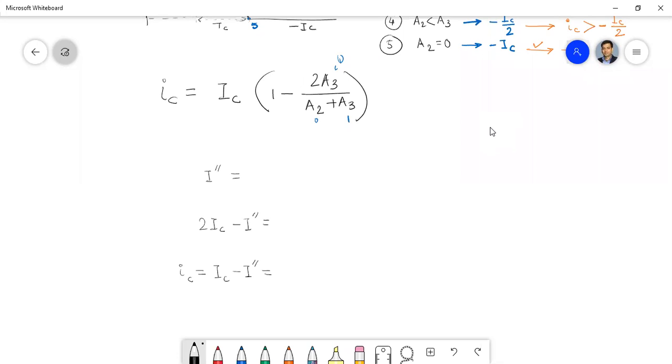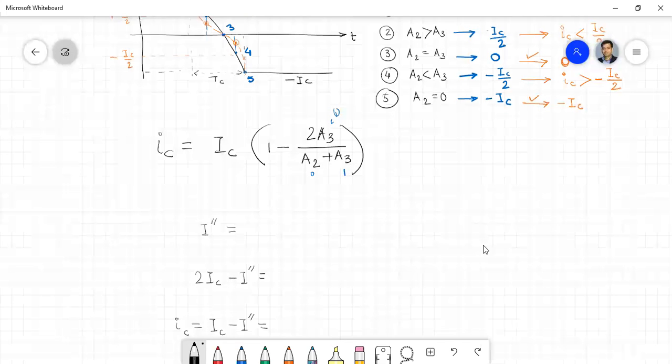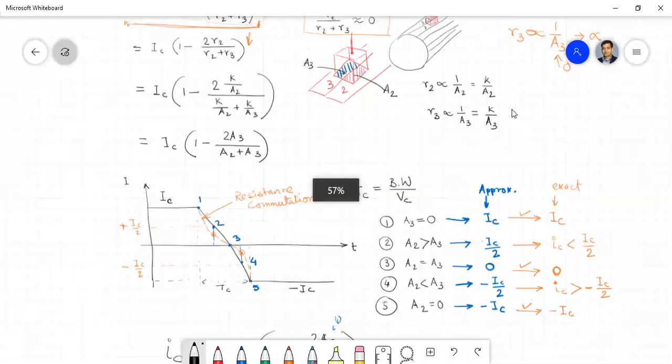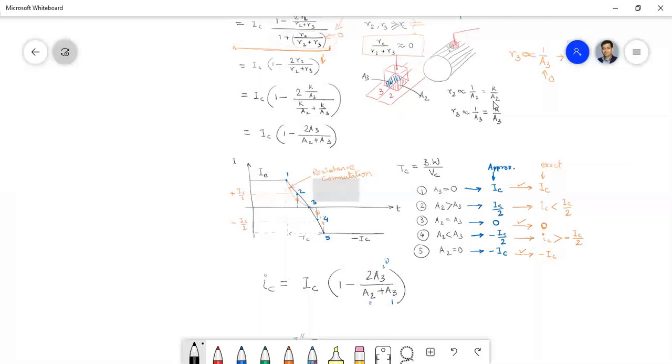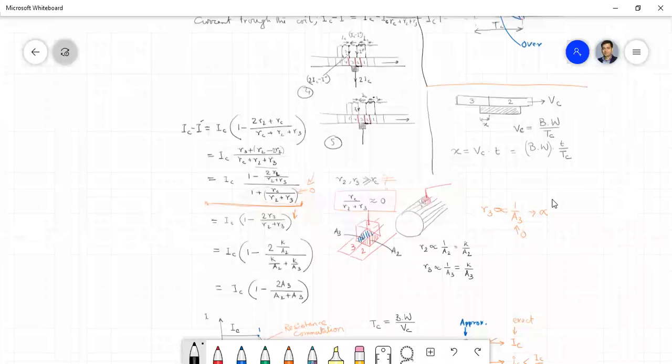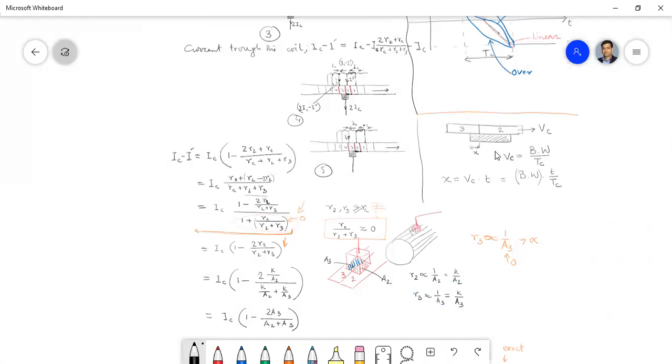What is the value of I double prime? R2 plus RC times IC divided by R2 plus R3 plus IC. What is that? No, you just see. Come to here. Okay, so you just see this.